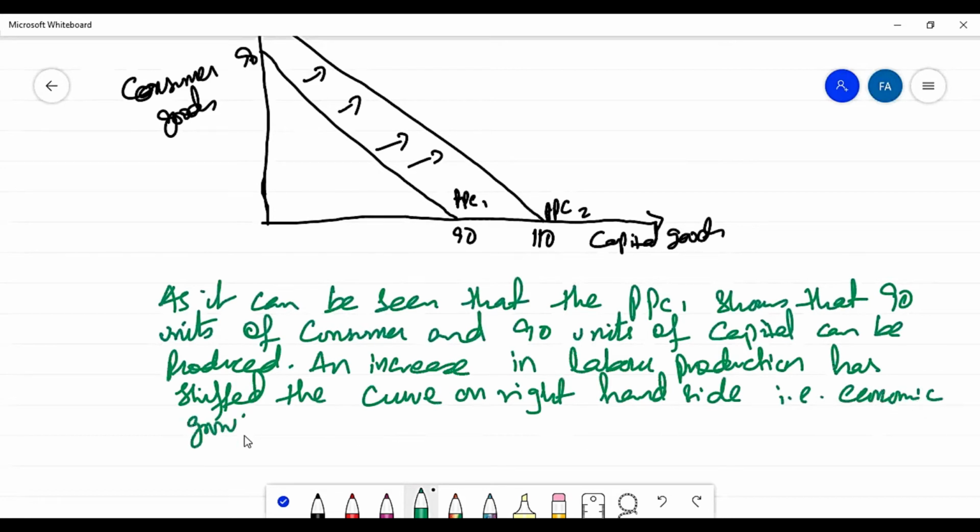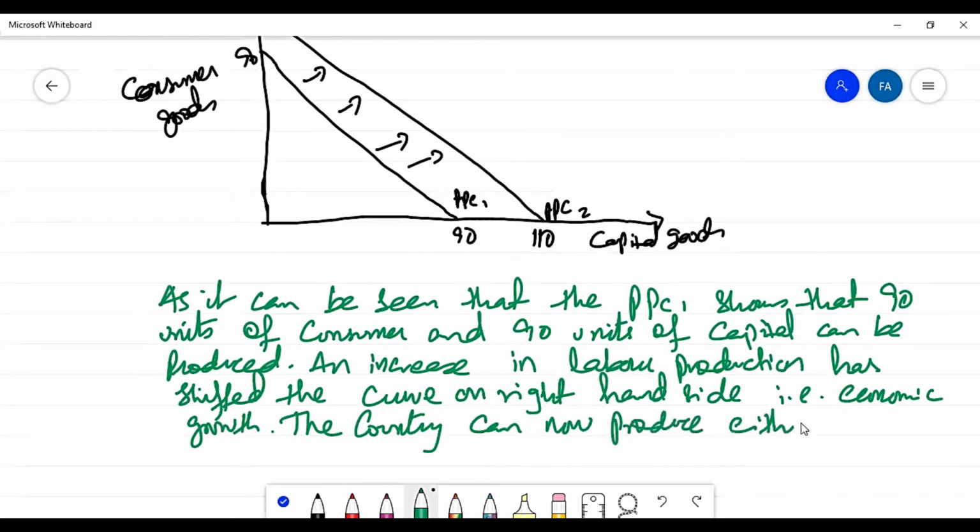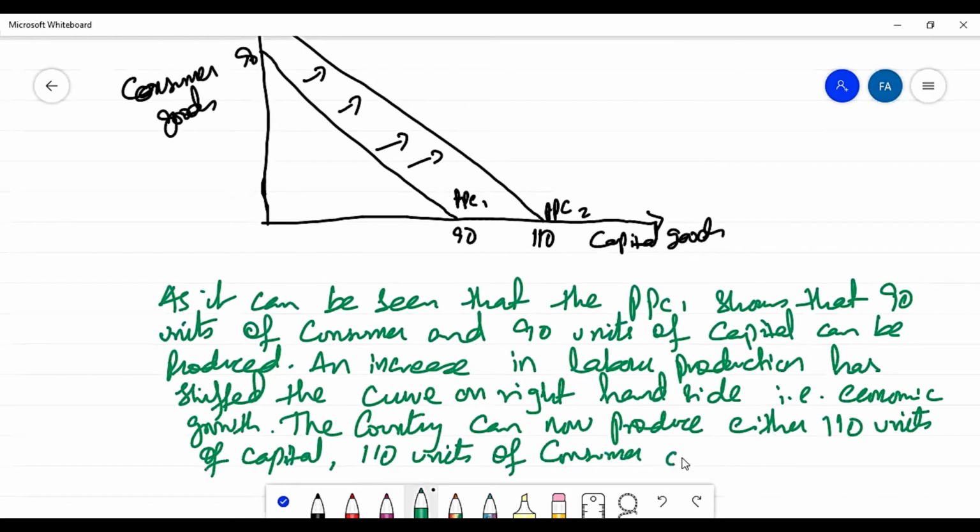Or you can also say that it has shifted outwards. Okay. The country can now produce either 110 units of capital and 110 units of consumer, or a combination of both.